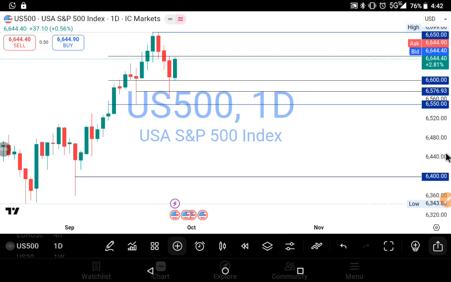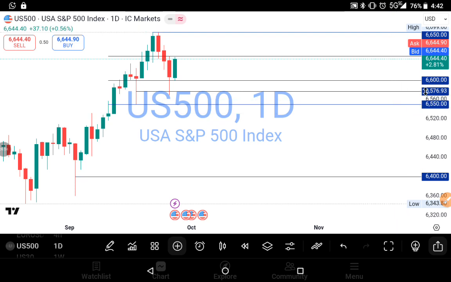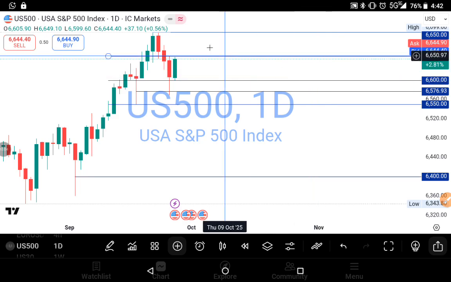Then we should be able to see 6700 and 6750. So 6577 should serve as a support that will take us into 6700.